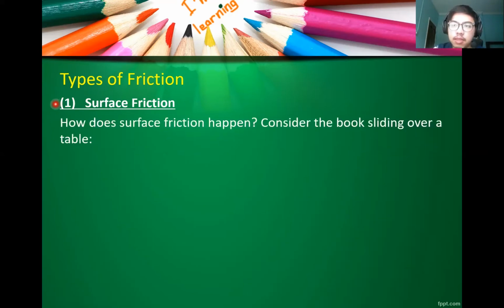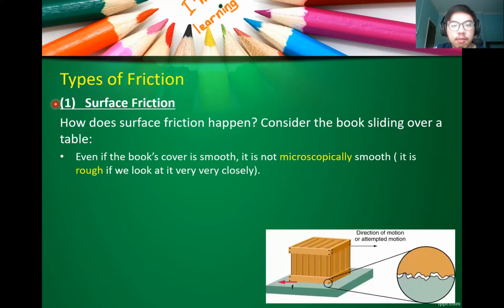How does this happen? Why is there friction when you rub two surfaces together? Consider the book sliding over a table. Even if the book's cover is smooth, it is not microscopically smooth. From our normal view, if we look at the book, we might think the surface is smooth, but actually when you zoom in down to the microscopic level or down to the atomic level, the surface is not actually smooth.